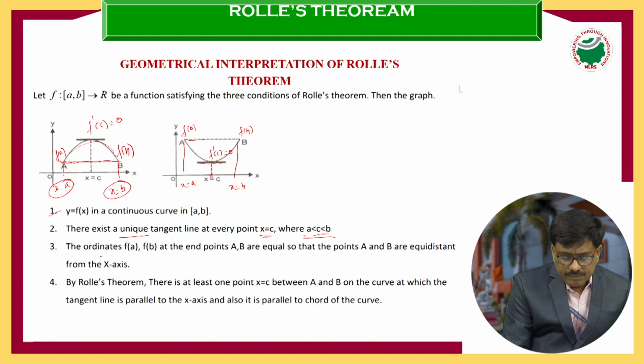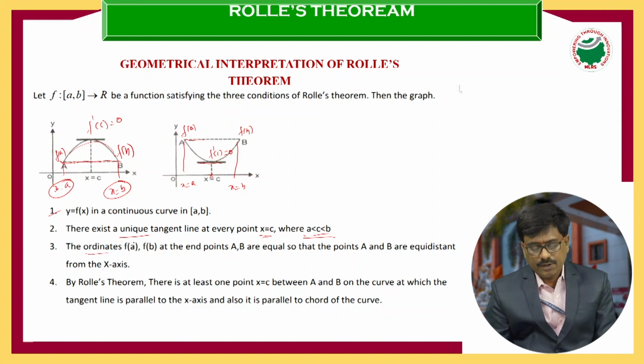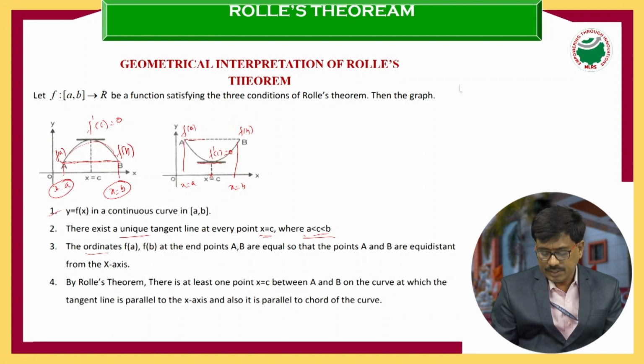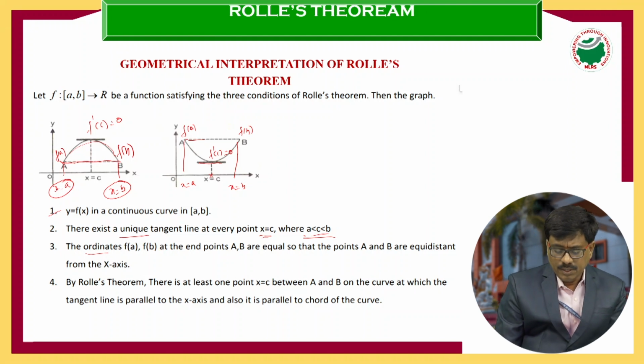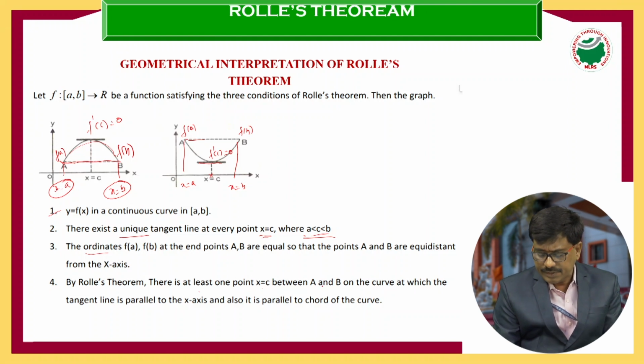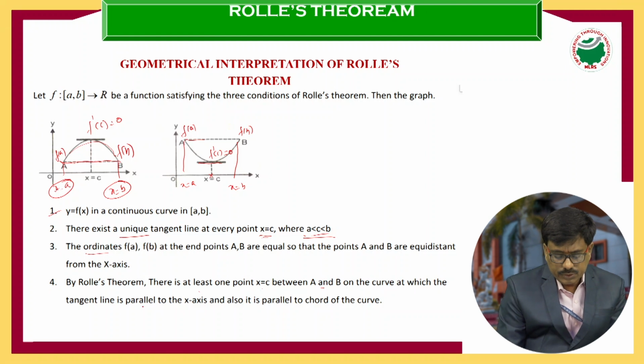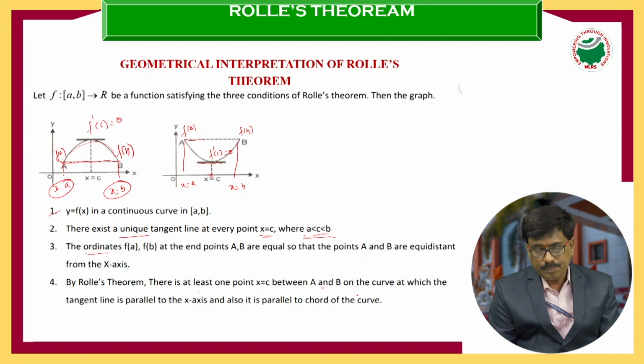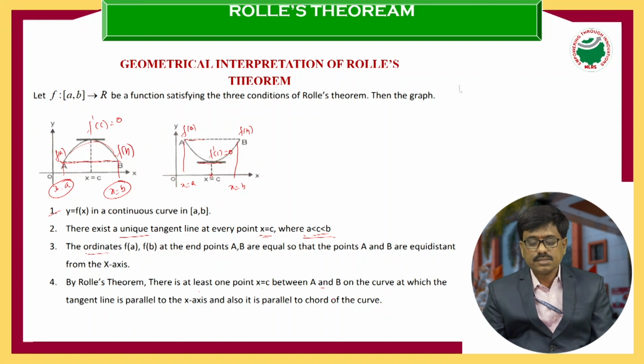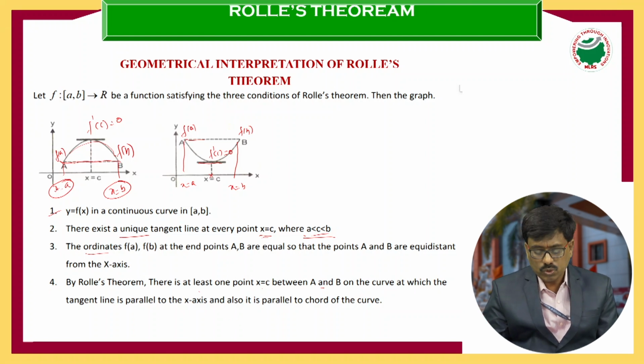The ordinate values f of A and f of B must be equal. When they are equal, there is at least one point C between A and B where the tangent to the curve is parallel to the chord as well as parallel to the x-axis. This is the geometrical representation of Rolle's theorem.